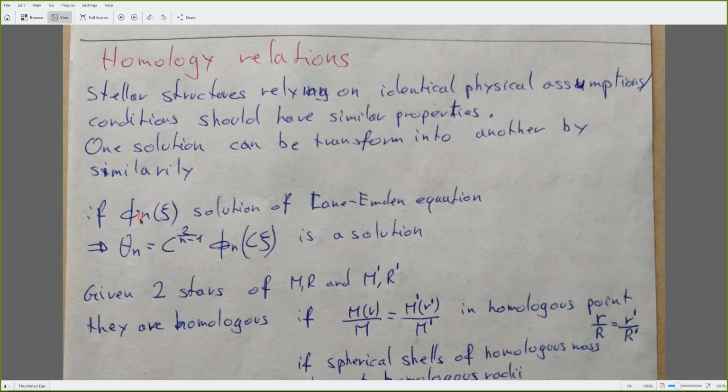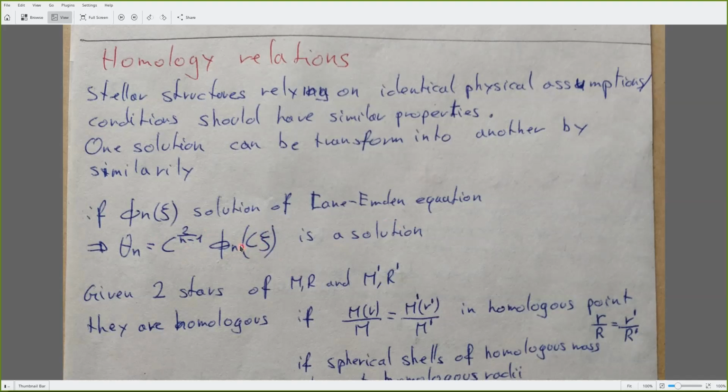An example is that if you suppose that phi n is a solution of the Lane-Emden equation, we can see that theta n, that is a constant multiplied to the 2 divided by n minus 1, multiplied for the phi, where instead of using xi directly, we use as variable the constant multiplied with xi, is another solution.